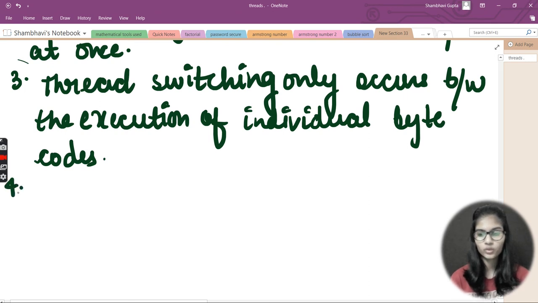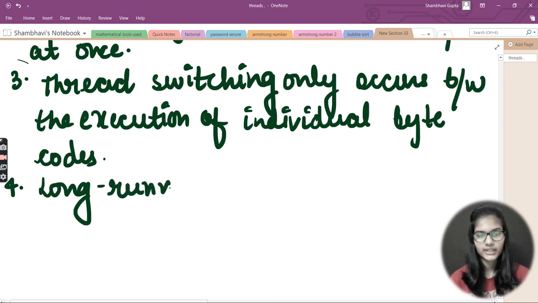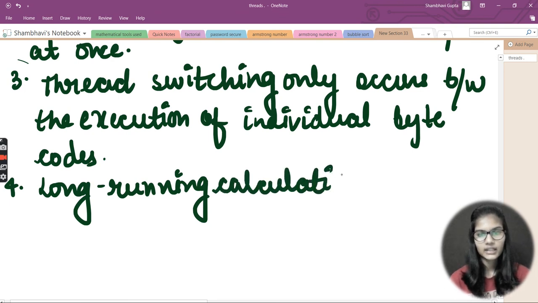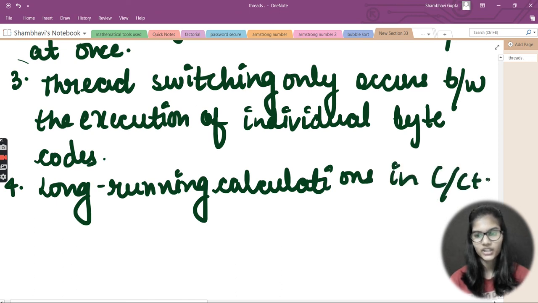Let's move towards the fourth one for now, and that is long running calculations in C and C++.